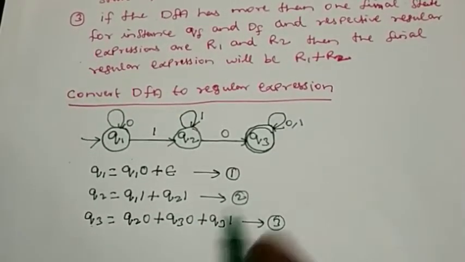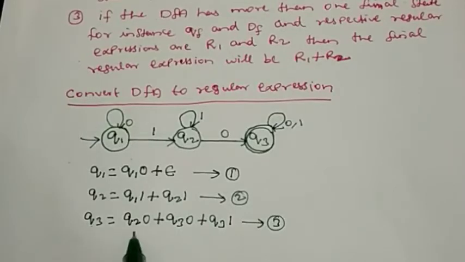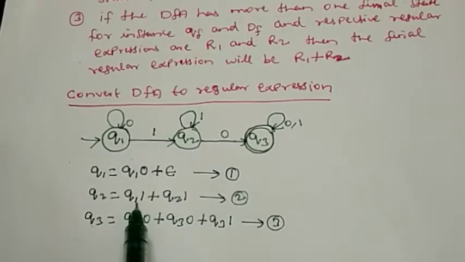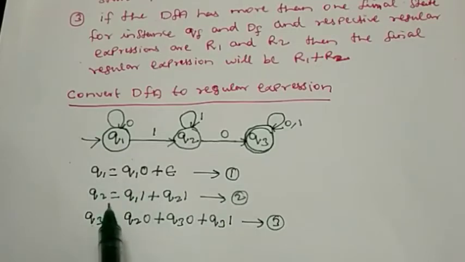Now the problem here is, when you take up Q3, you should know the value of Q2. Unless you know the value of Q2, you cannot find the regular expression for Q3. And if you go to Q2, you should know the value of Q1. So once you find the value of Q1, then only you can find the value of Q2, and once Q2 is found, then only you can find the value of Q3.